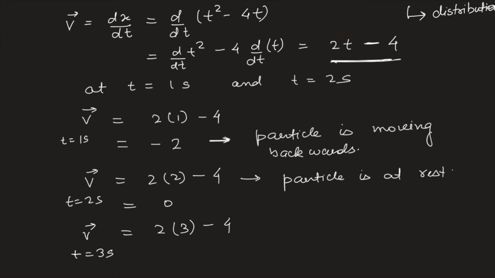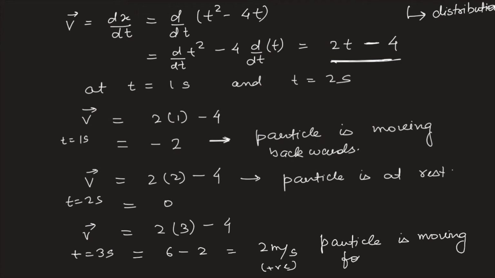So that is 6 minus 2, and that is equal to 2 meter per second. So this is positive. You can see this is positive. So the particle is moving forwards. And this is how you find out the instantaneous velocity.